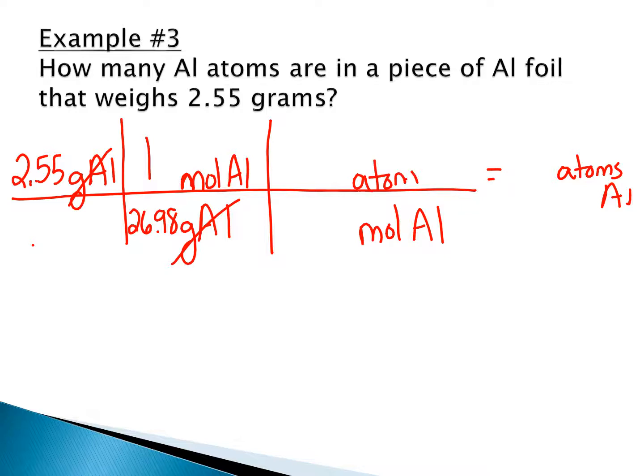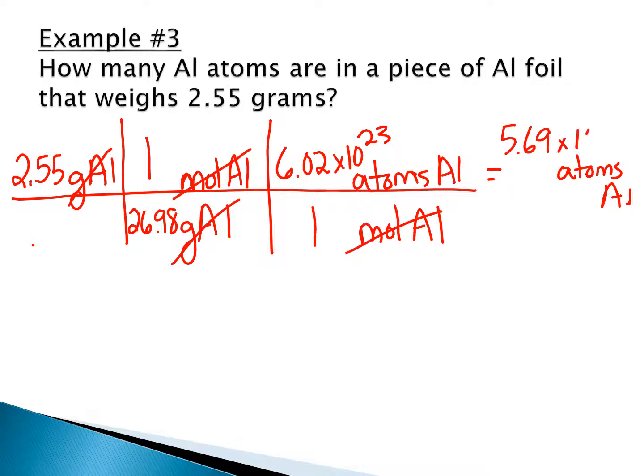And then I'm going to ask myself, how many atoms are in a mole or how many moles are in an atom? Okay, well, there's 6.02 times 10 to the 23rd atoms in 1 mole, because that's how a mole is defined. All right, so then I can multiply through everything in the numerator and divide by everything in the denominator, and I will get 5.69 times 10 to the 22nd atoms of aluminum.